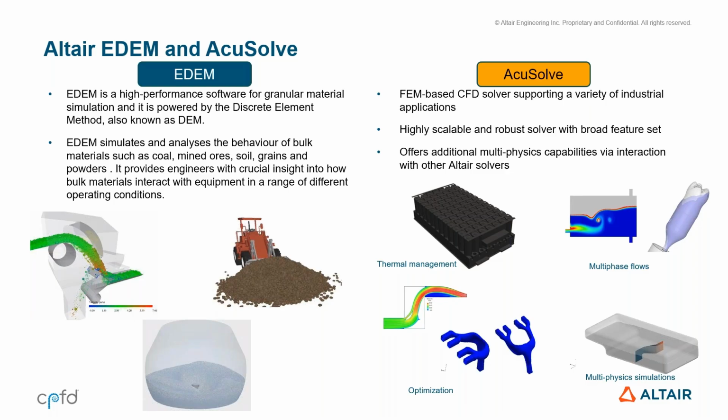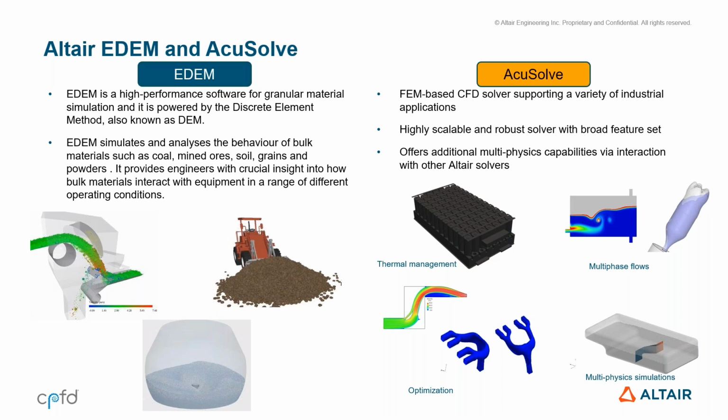So first, starting with EDEM. EDEM, as you know, is a very high performance software that can be used for modeling granular bulk material flows, and it is powered by the Discrete Element Method. In short, we call it DEM. EDEM can be used to simulate the behavior of bulk materials such as fine powders, coal, ores, and granular materials such as agricultural crops, grains, and other waste materials.